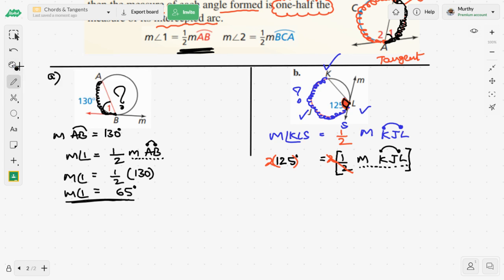After the cancellation, measure of arc KJL equals 2 times 125, that gives me 250 degrees. I know that just a couple of examples are not sufficient, so let me give more examples.